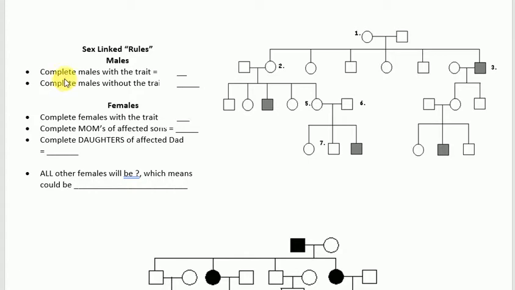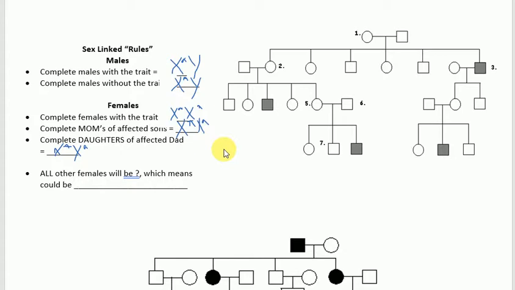Males with the trait we are going to complete as X^a Y. Without the trait, X^A Y. Females with the trait are going to be X^a X^a, and then X^A X^a for moms of affected sons, and daughters of an affected dad would be X^A X^a.